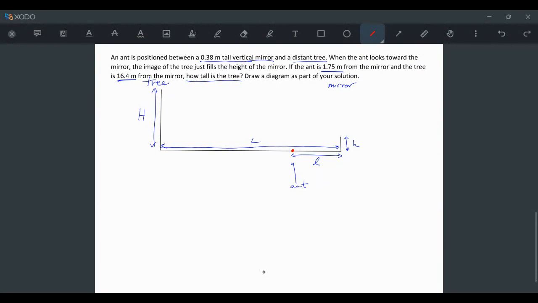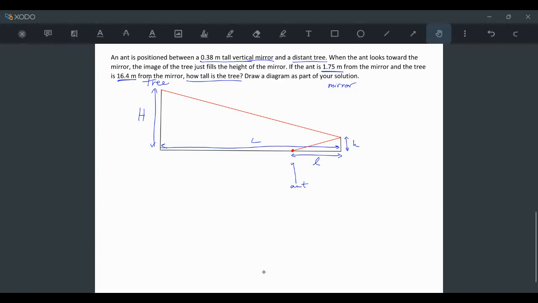So let's trace out a light ray that goes from the ant's eyes to the top of the mirror. And we know that the image of the tree fills to the top of the mirror, so there has to be another light ray that is reflected and goes to the top of the tree. Something like that.